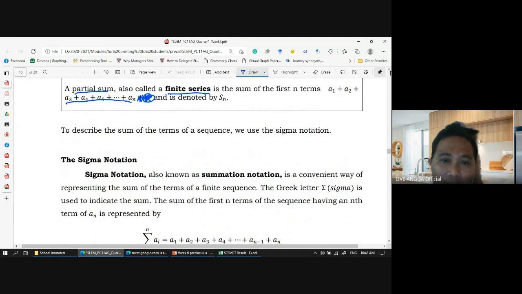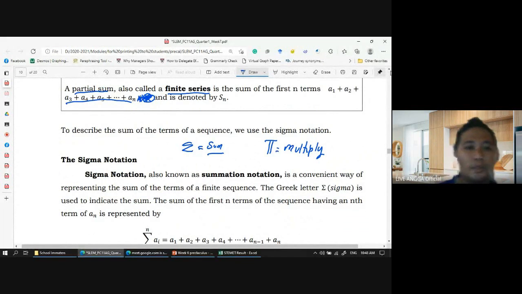When you see it like this, it means add. When you see it like this, it means multiply. The sigma notation, also known as summation, is a convenient way of representing the sum of the terms of a finite sequence.